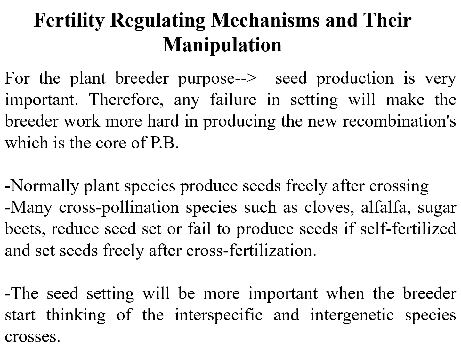Normally, plants are producing seeds in a normal way, but we know that some plant species produce good seeds if they are cross-pollinated, even though they have a high percentage of self-fertilization.